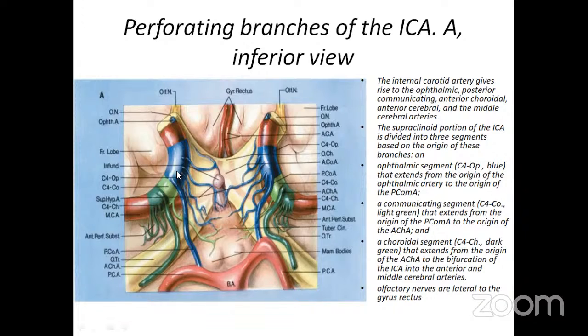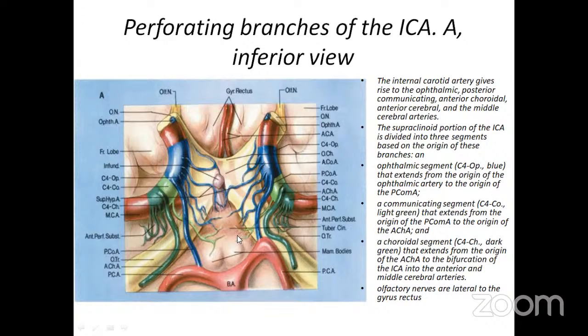It also has perforating branches. The ophthalmic segment gives the superior hypophyseal arteries. The blue colored arteries arising here are the superior hypophyseal arteries. The choroidal segment gives these anterior perforating branches.